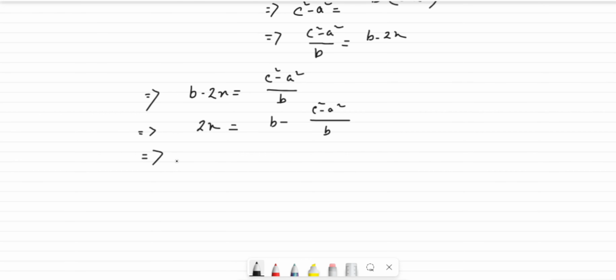So X will be equal to B square minus C square minus A square by 2B, right? So we have got the value of X, this one.